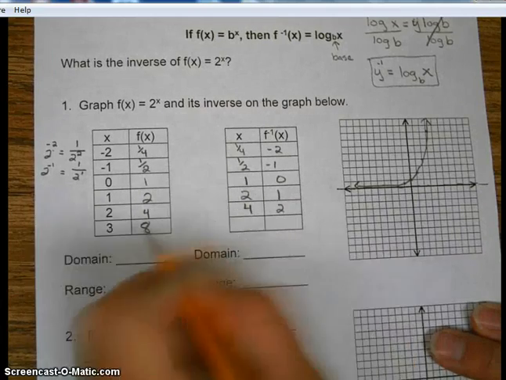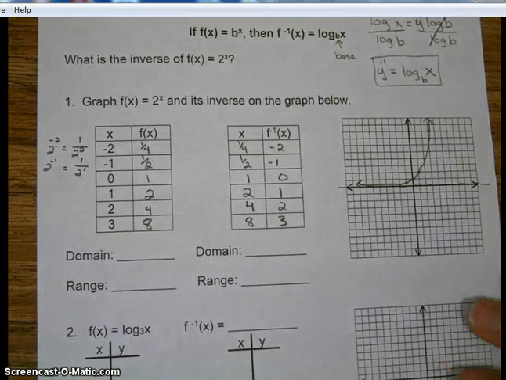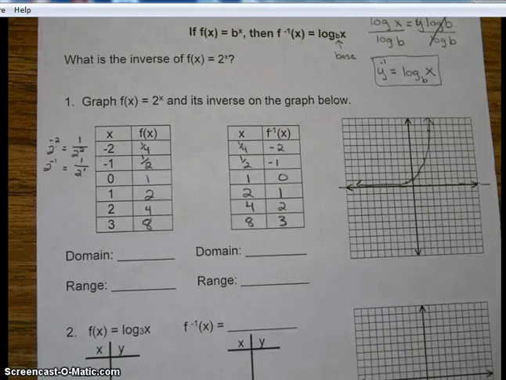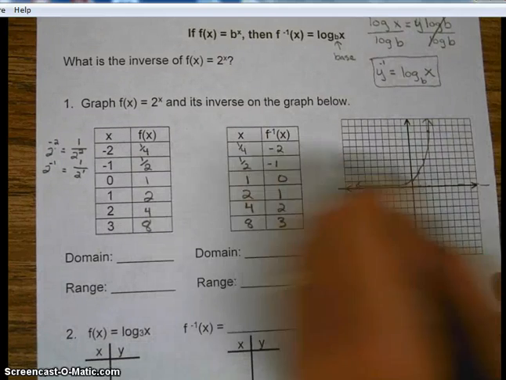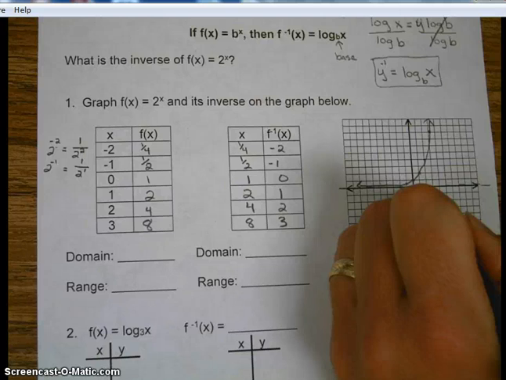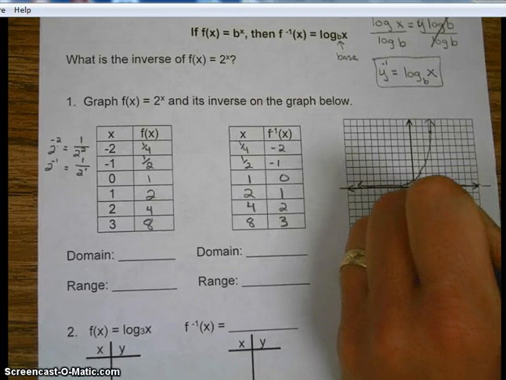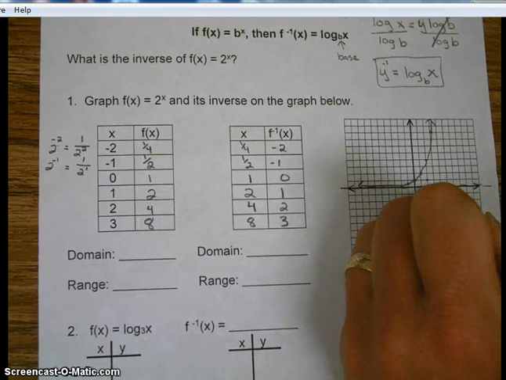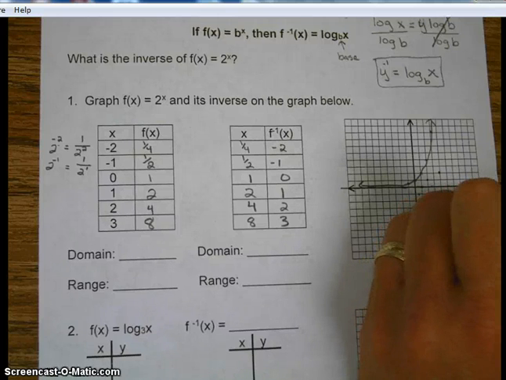To find the inverse, the most important thing to remember is that you switch the x and the y. Okay, let's plot these points. I'm going to use a pen. I'm going to be brave here and use a pen, so I have a little bit different color. It's black. So 1/4, -2. Try to be careful here. 1/2, -1. 1, 0. 2, 1. 4, 2. 8, 3.